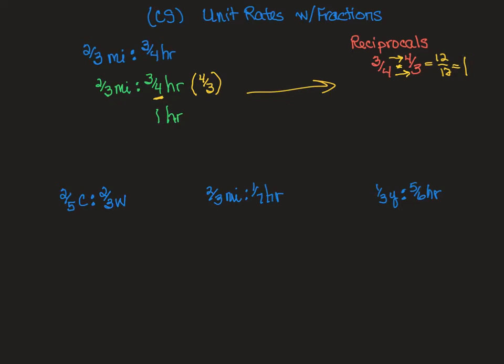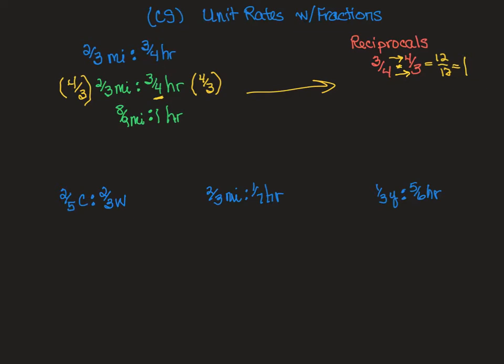But being that I want to keep this proportional, if I multiply one side by 4/3, by the reciprocal, I have to multiply the other side. Right? So I have to do what I do to one side, I have to do to the other. And so that answer would be 8 over 9. 8/9 of a mile I will get in 1 hour.